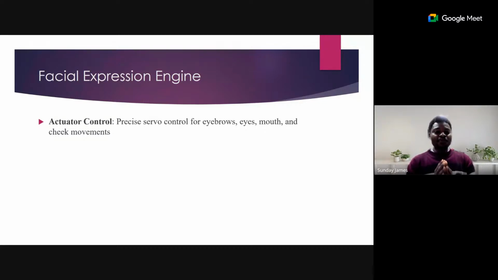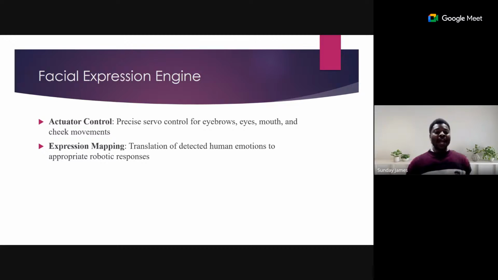We have designed servo controls that will mimic the eyebrows of a human, the eyeballs of a human, and the mouth and cheek movement. These actuators are designed such that they can handle the commands that are sent from understanding the facial expression of a user. We get this and send it to the actuators that will perform this facial expression on the robot face.